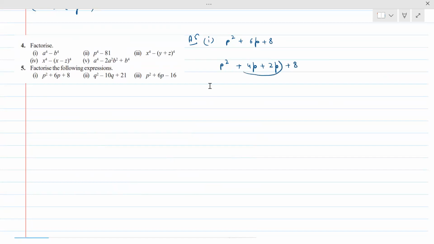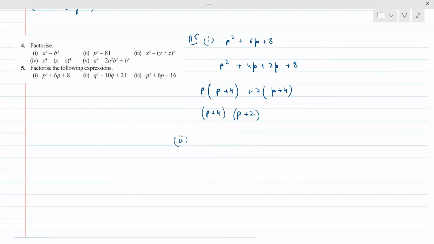Now we can see when we multiply 4p into 2p, we get 8p^2, which is a into c. And when we add it, we get 6p. Now we will factorize it. Take common p, it will be p plus 4. Take common 2, p plus 4. So p plus 4 and p plus 2 are the factors.